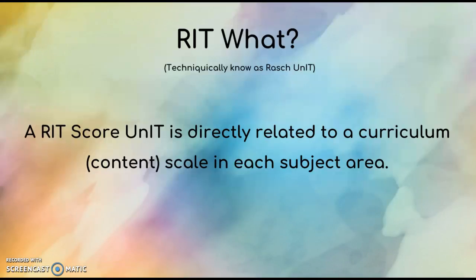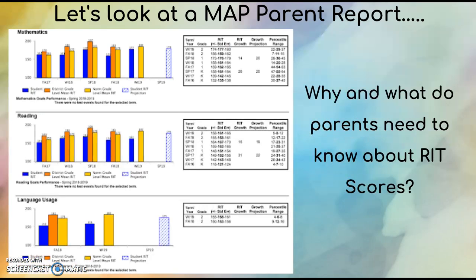So RIT, what does that mean? Well, a RIT score unit is directly related to a curriculum content scale in each subject area. So why do you need to know about the RIT score? Well, let's look at this MAP parent report and talk about what parents need to know about RIT scores.